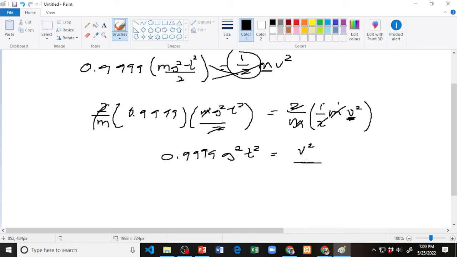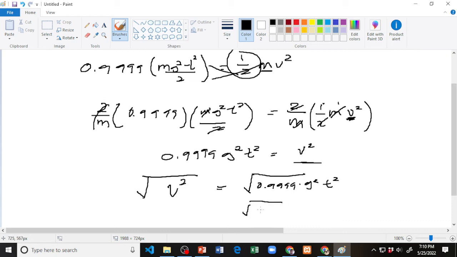So we're gonna solve for this. We're gonna take the square root of both sides. So we write v squared, take the square root of that, which is equivalent to the square root of 0.99 times g squared t squared. If you take the square root of that, it will be just 0.99.